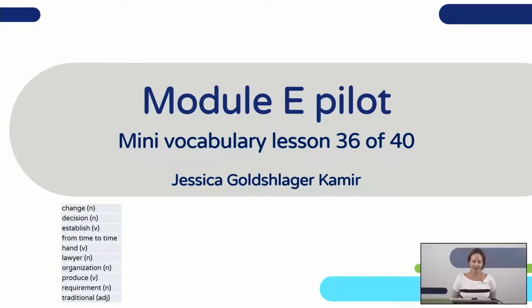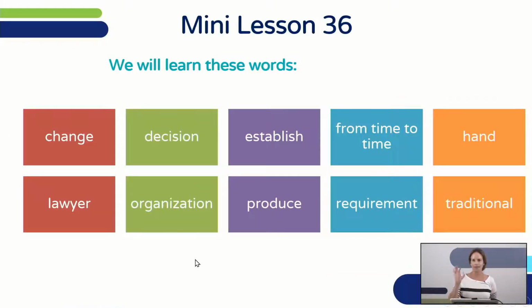Okay? Here on the left, I have the list of the words that we're going to learn. In the following slide, I have them in big. So let's review them. The words that we're going to learn now are: number 1, change. Number 2, decision. Number 3, establish. Number 4, it's a phrase, from time to time.